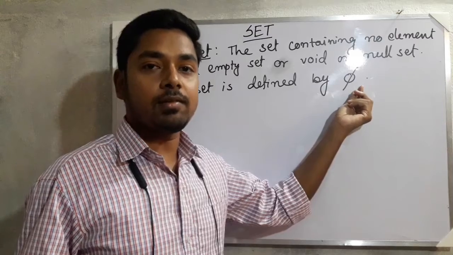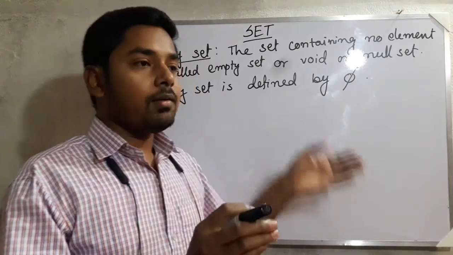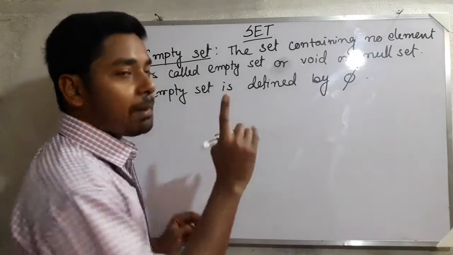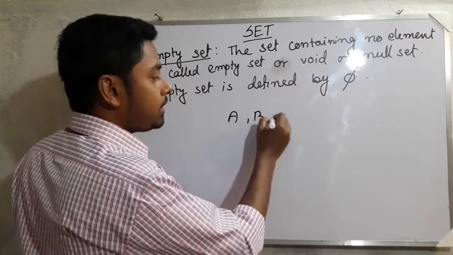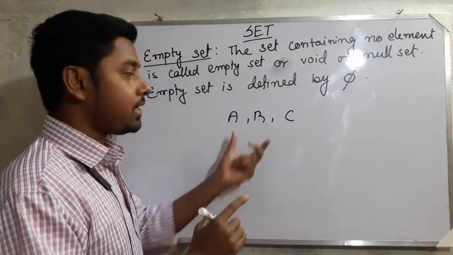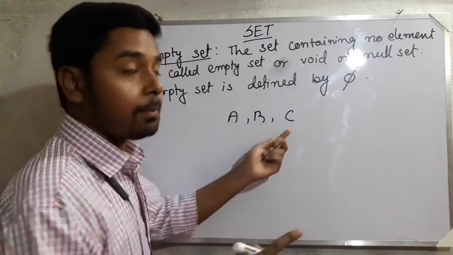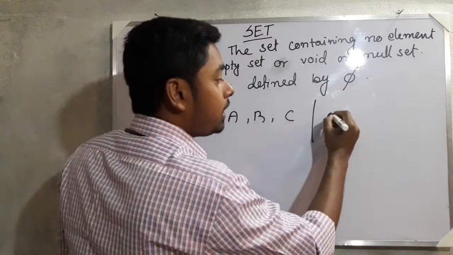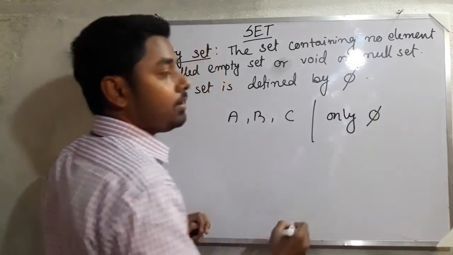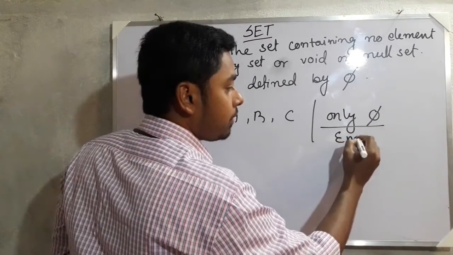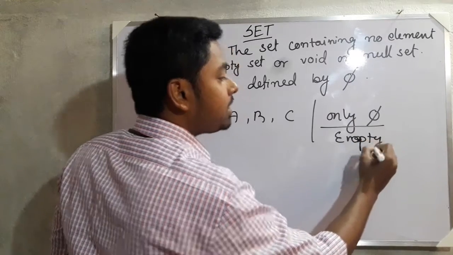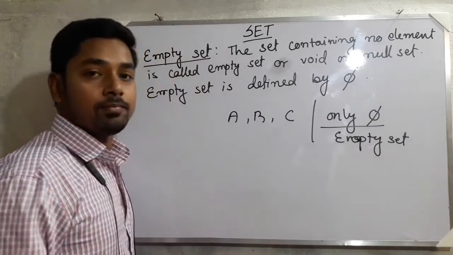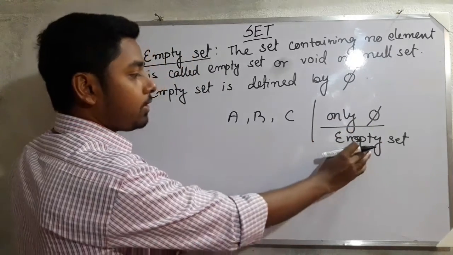Generally, from the first video we are defining sets by capital letters only, A, B, C, like this. But the empty set you have to define only by phi.